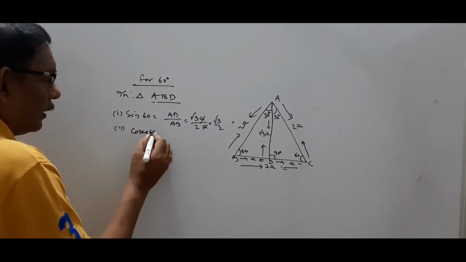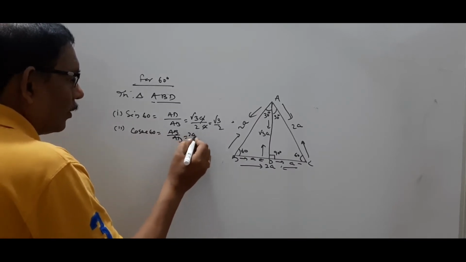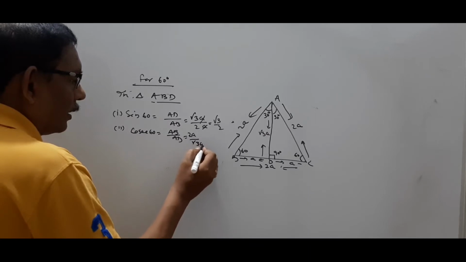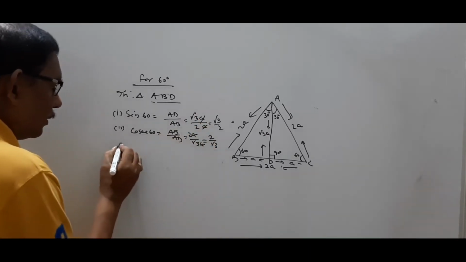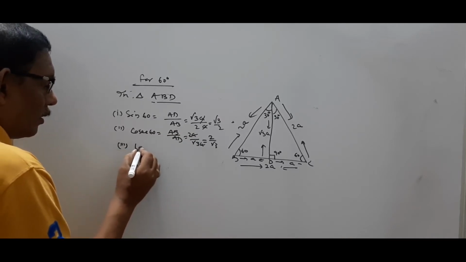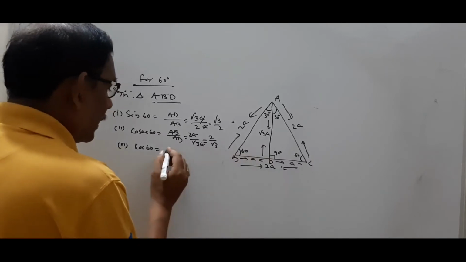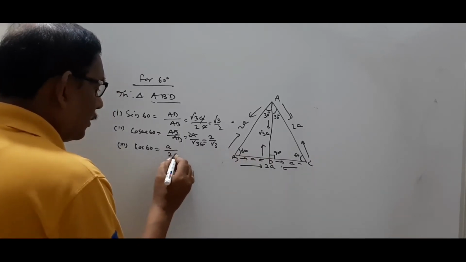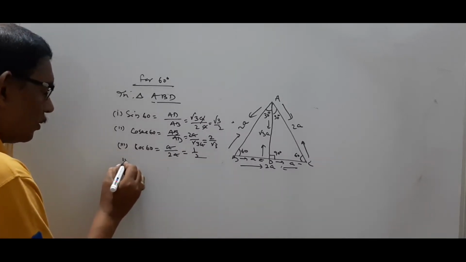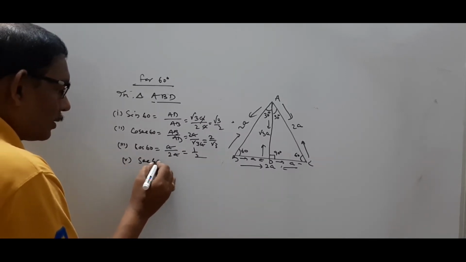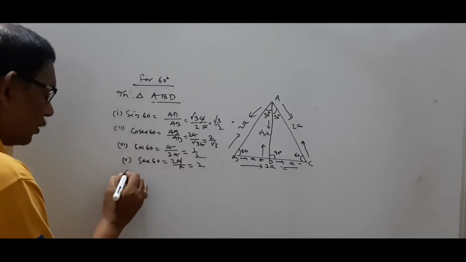Cosec 60, AB by AD, 2a by root 3a, 2 by root 3. Cos 60, B by H, a by 2a, 1 by 2. Sec 60, 2a by a, 2.